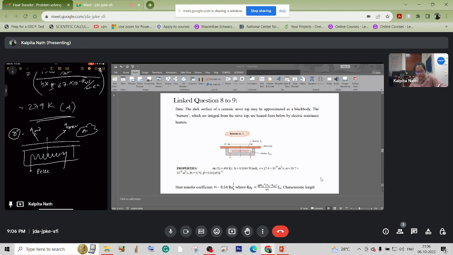There is air on both of the surfaces. The surface temperature is 250 degrees Celsius, and the ambient temperature is 20 degrees Celsius.